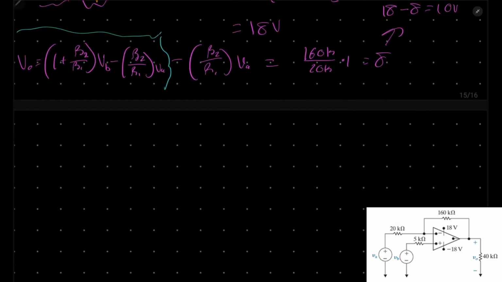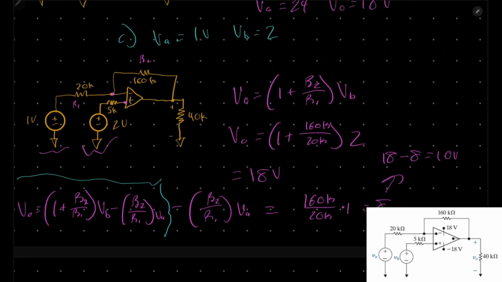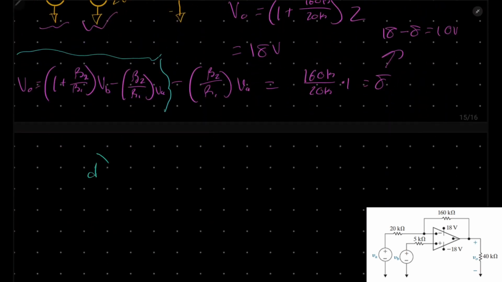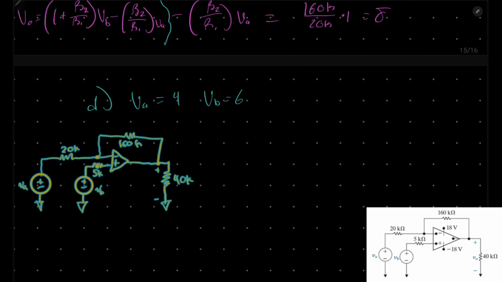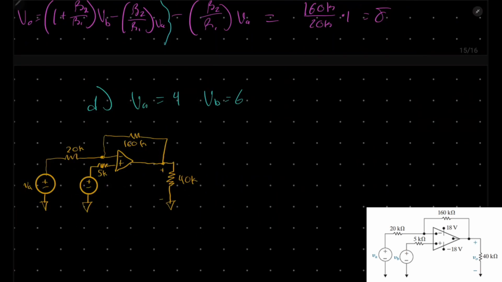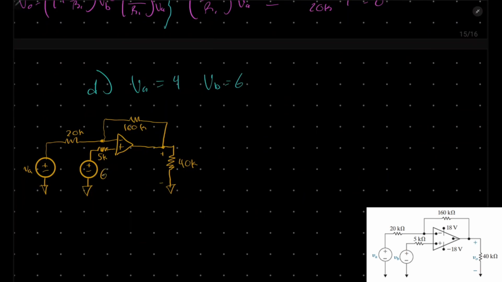So now that we have that, let's solve the question. VA equals 4 and VB equals 6. So let's label our voltages as such, 6 volts and 4 volts.